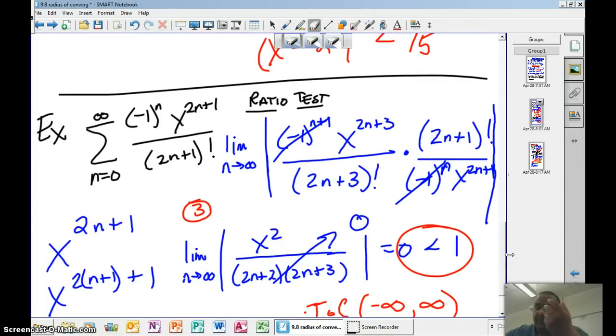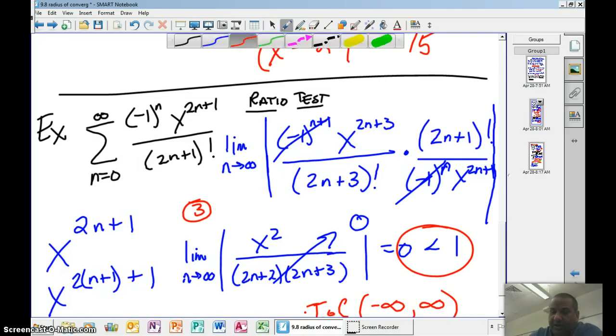Last example, I think, here. I might even have another slide of examples, but the last one is this one. We do the ratio test. It doesn't matter because we're doing absolute value, so that'll take care of the -1 here. And when the smoke clears, this is 2n plus 1 factorial over 2n plus 3 factorial.